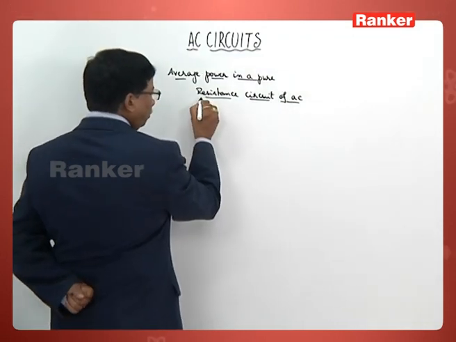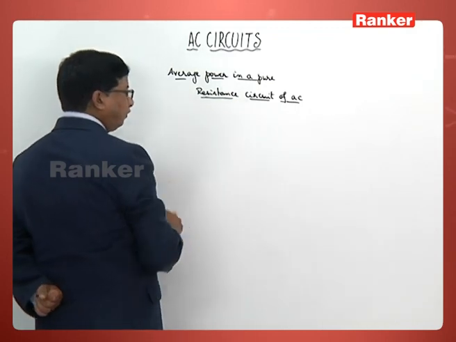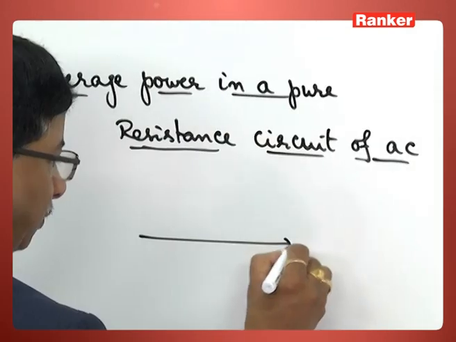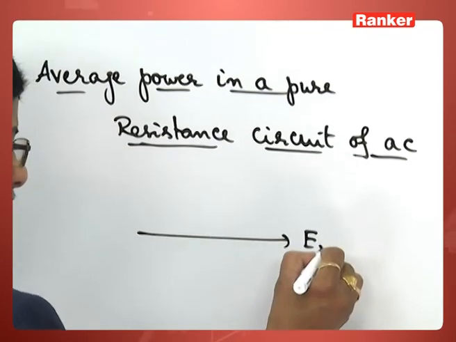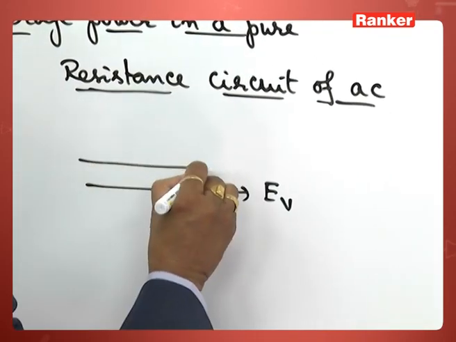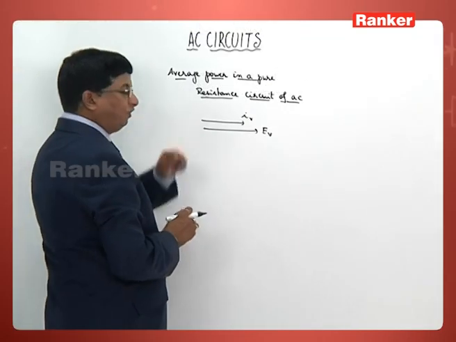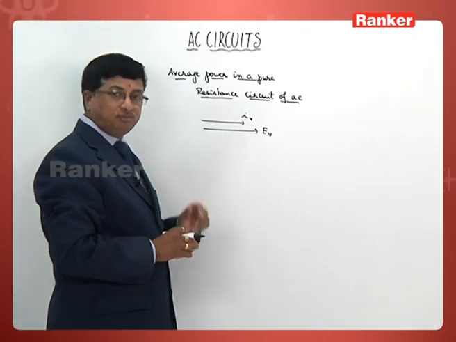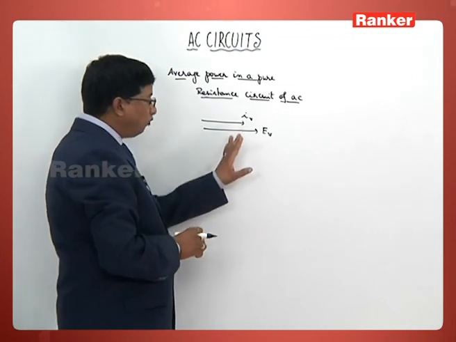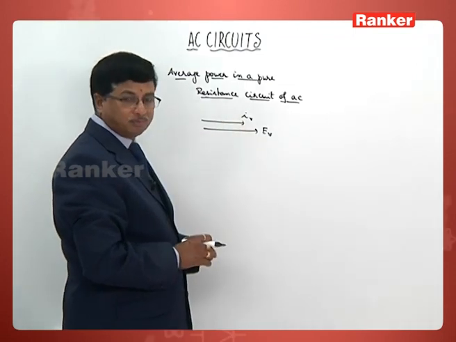We in fact know that in the case of a resistance circuit, both the virtual EMF and virtual current values across the resistance are in the same phase. There is no phase difference between these two.